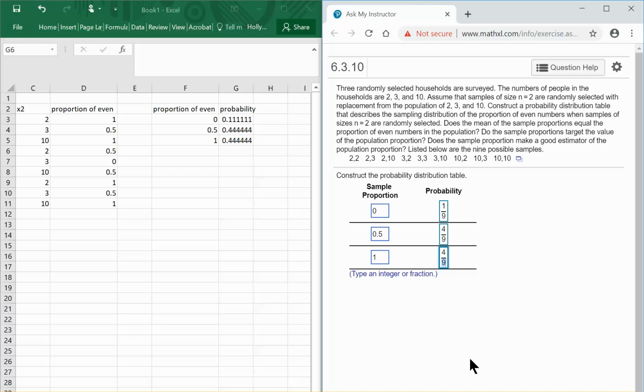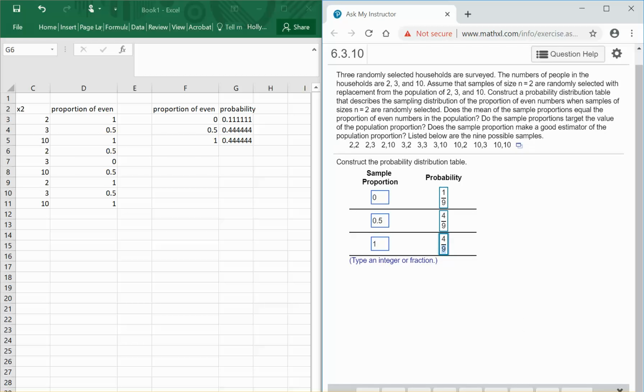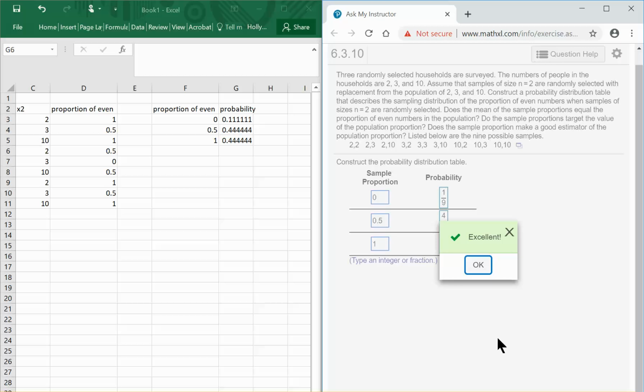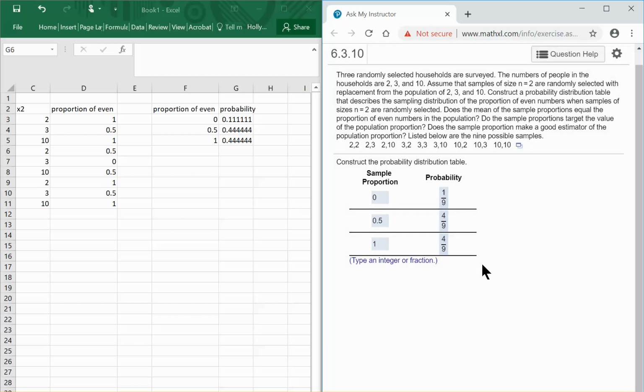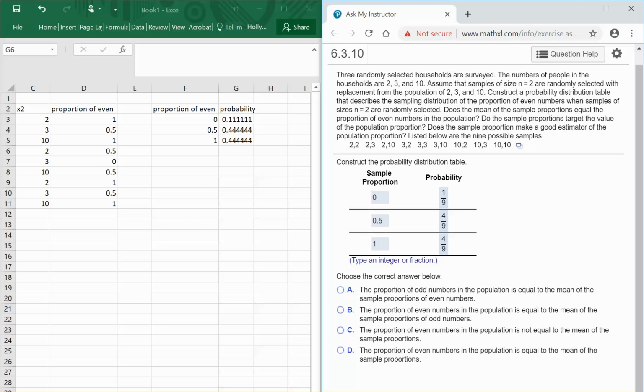Okay, and we'll check that. Sorry about the noise. Now they're asking us to choose the correct answer below.